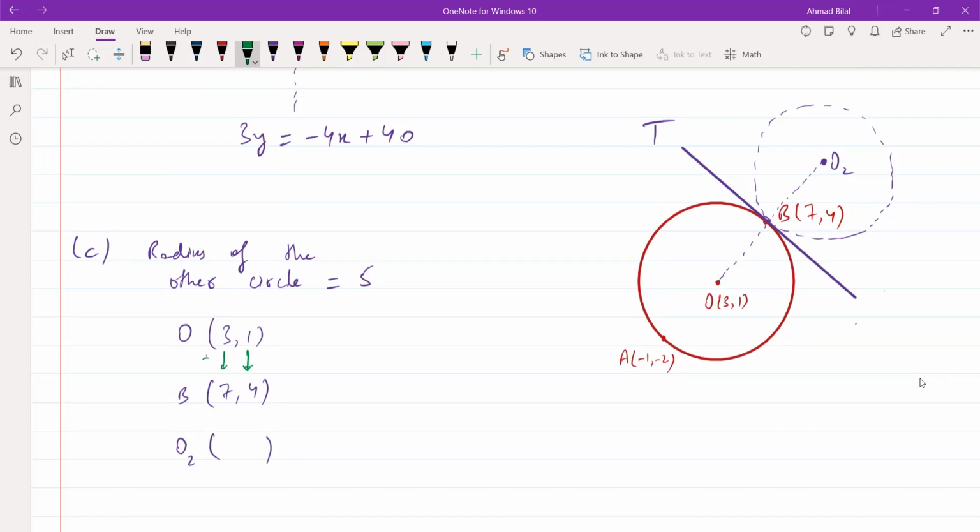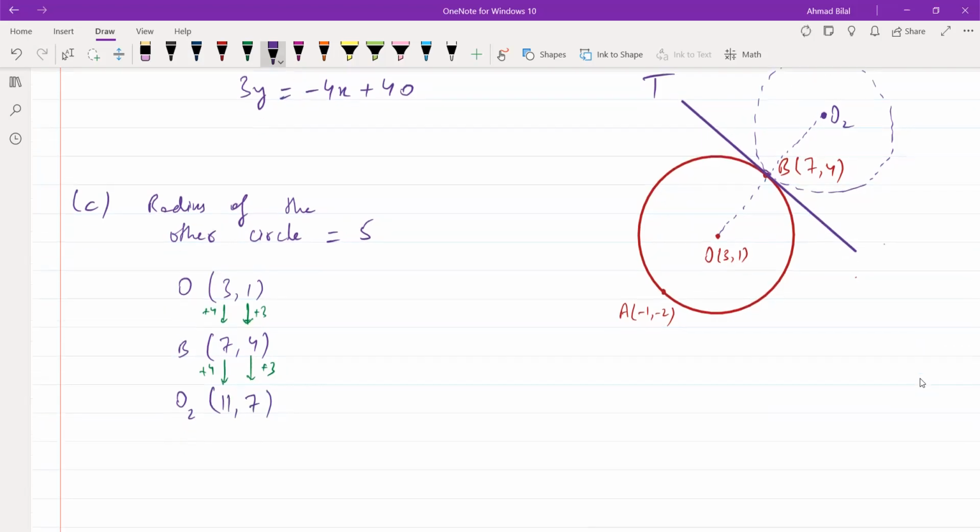We add 4 to the x coordinate to get 7, so we add 4 more to get the x coordinate of the other center. Similarly, for y, we have 1, we add 3 to get 4, and we add 3 more. The coordinates are (11, 7). So we have the center of the other circle.